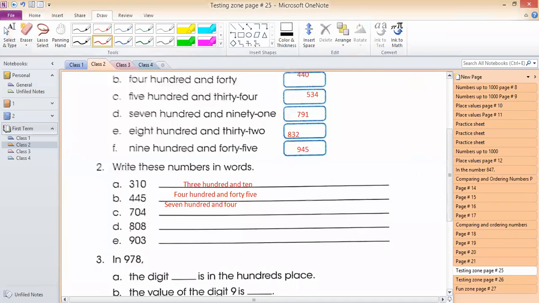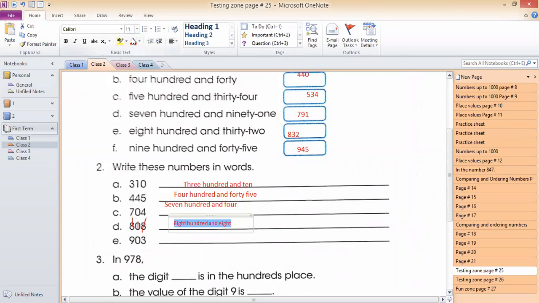Again, guys, 808. 8 ones, 0 tens, and 8 hundreds. How many hundreds? 8. So write 8 hundreds. E-I-G-H-T 8 HUNDRED. 800 and EIGHT 8. 808.